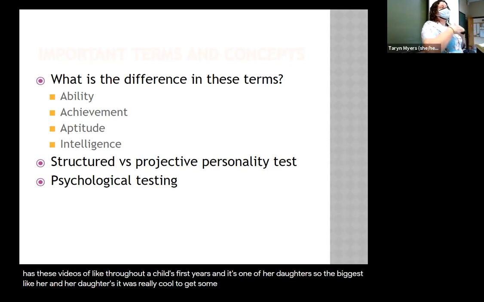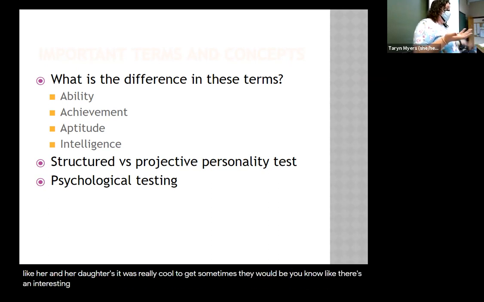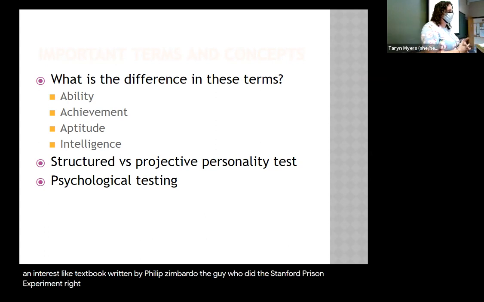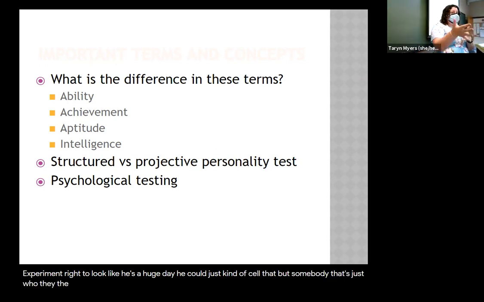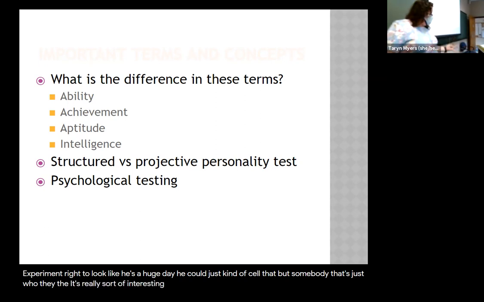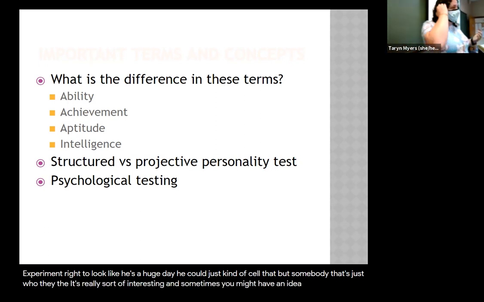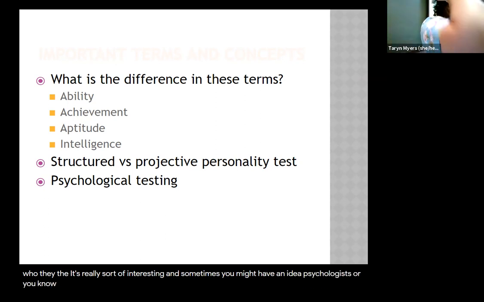So yeah, sometimes, like there's an intro psych textbook written by Philip Zimbardo, the guy who did the Stanford Prison Experiment, right? He's a huge name, he could just sell that. But sometimes it's just who the publishing companies build relationships with. So it's really sort of interesting. And sometimes you might have an idea, psychologist or, you know, any field, really.